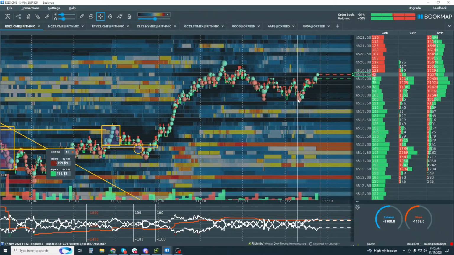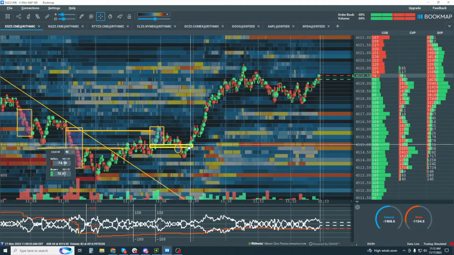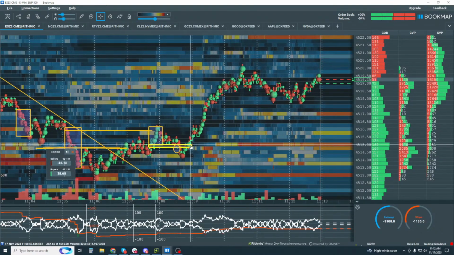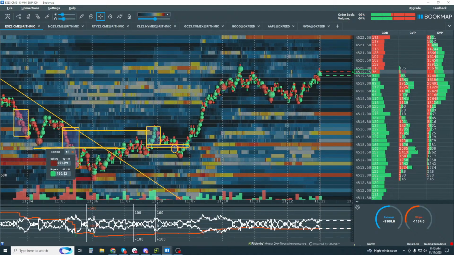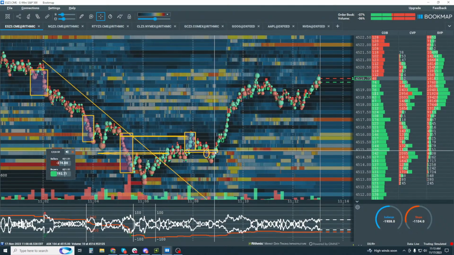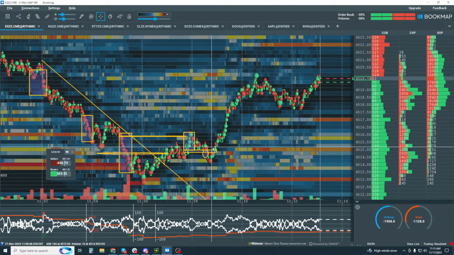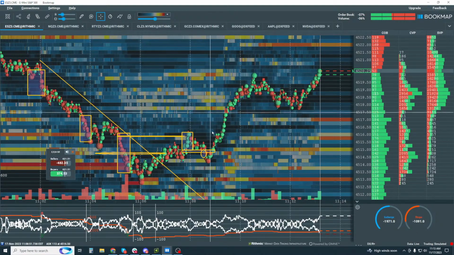Rob, this is right up your alley. You've been looking at these for a while. In fact, you've been looking at really deep pullbacks into something like right here and a high volume node, for example. I don't like it as much. The reason being is that it's a very strong pullback at that point.